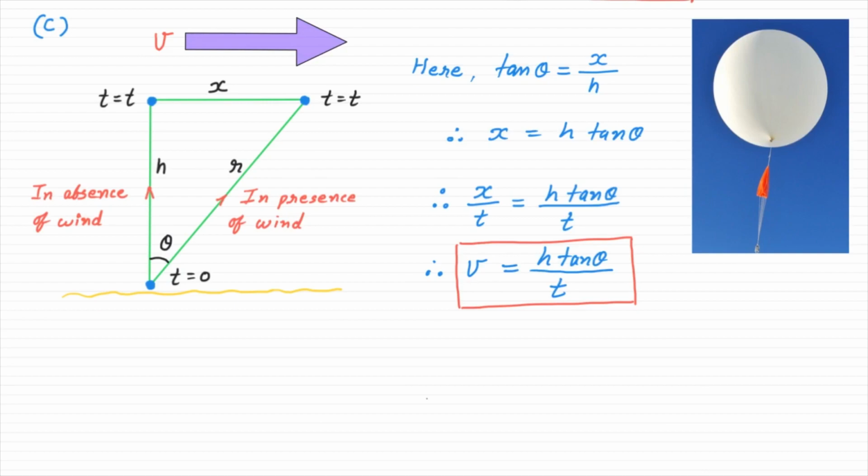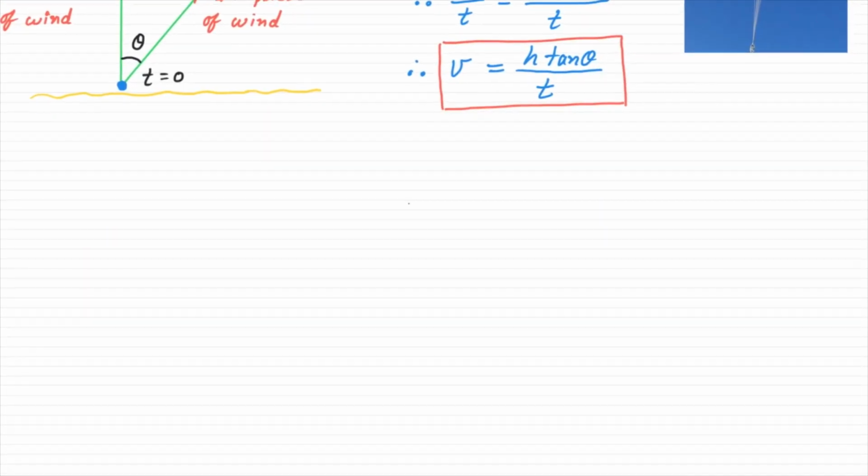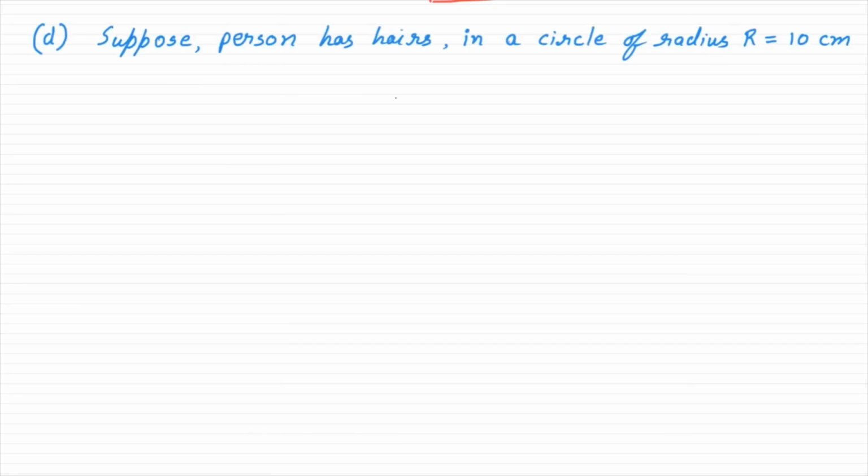Now let us see answer D, where we have to find out the number of hair strands on a person's head. For this, first suppose that the person has hairs in a circle of radius 10 centimeter.